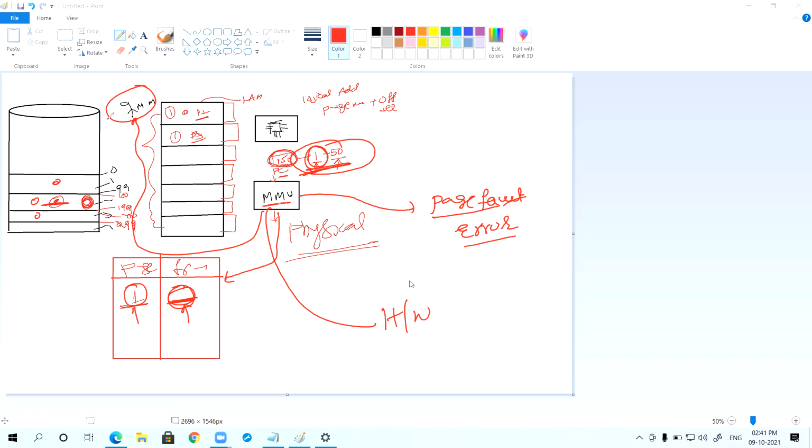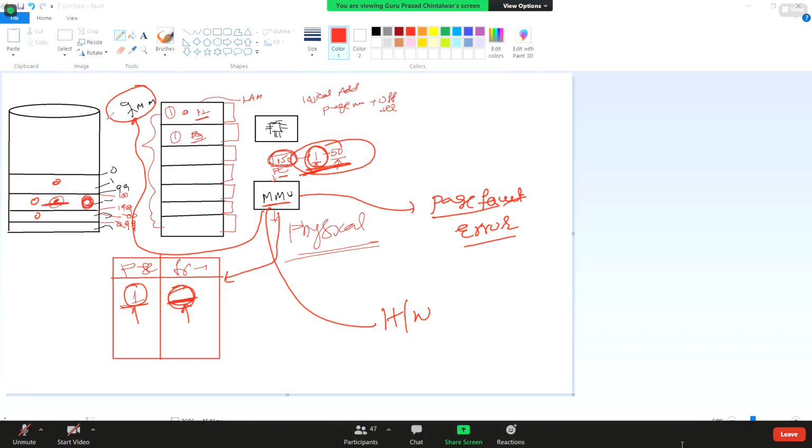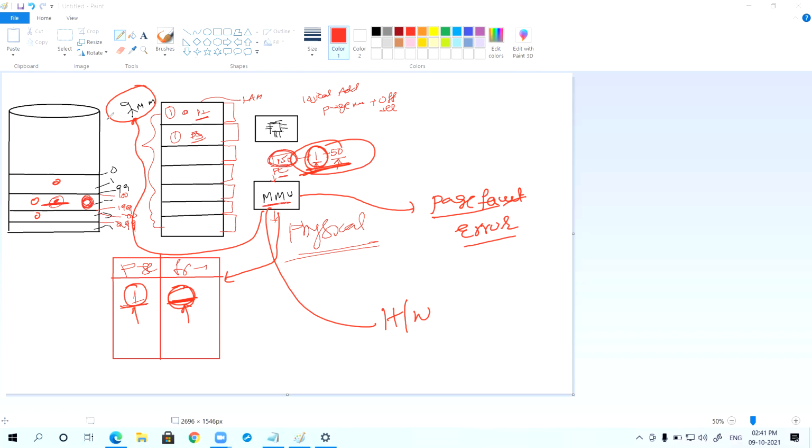When the page fault occurs, what is the next step? The page is demanded. Who will demand the page from whom? The MMU will demand the page from the MM.